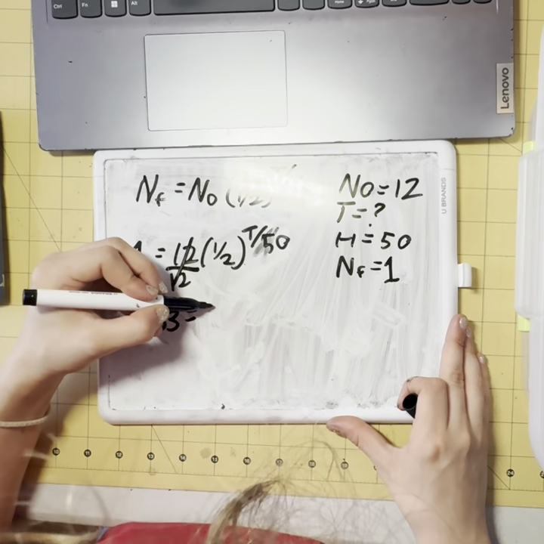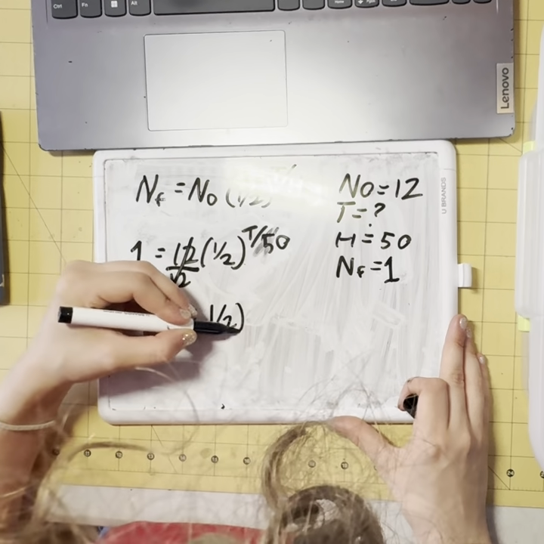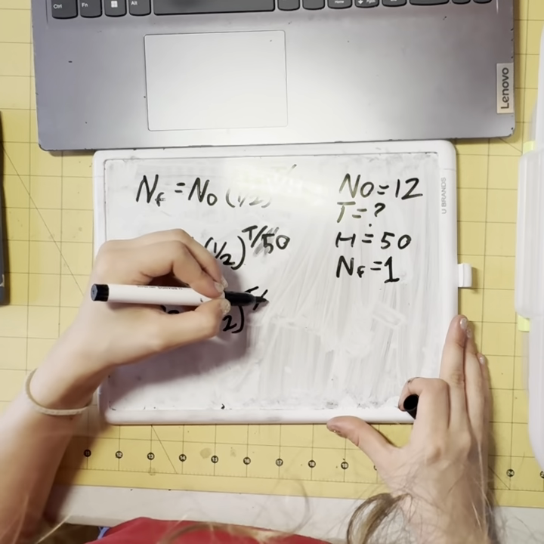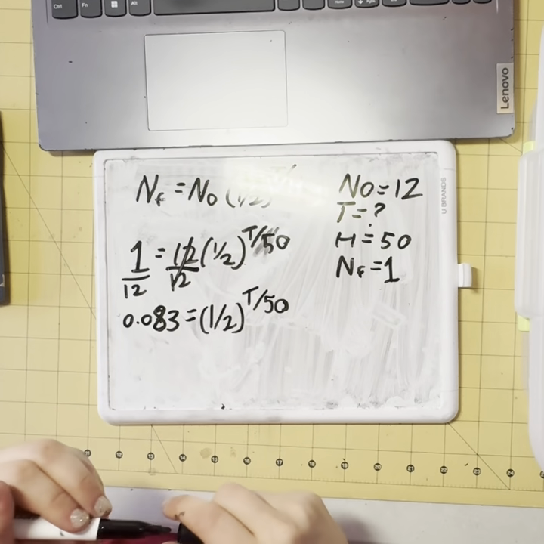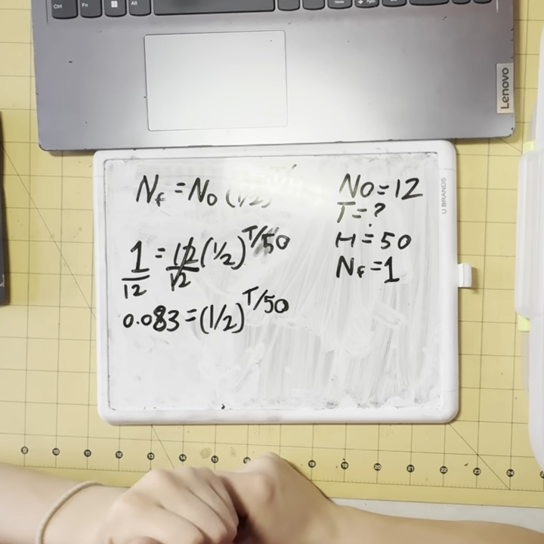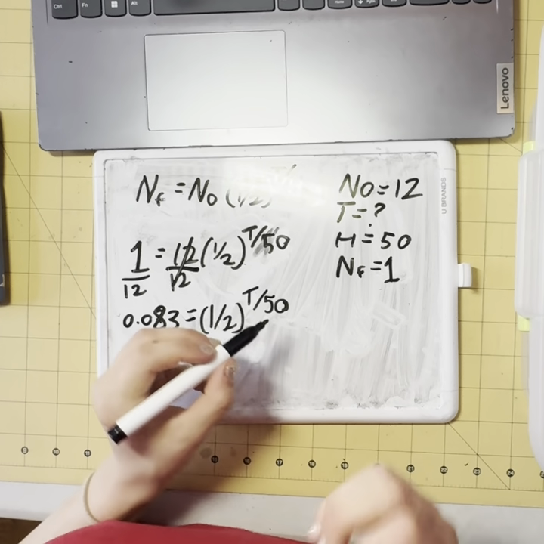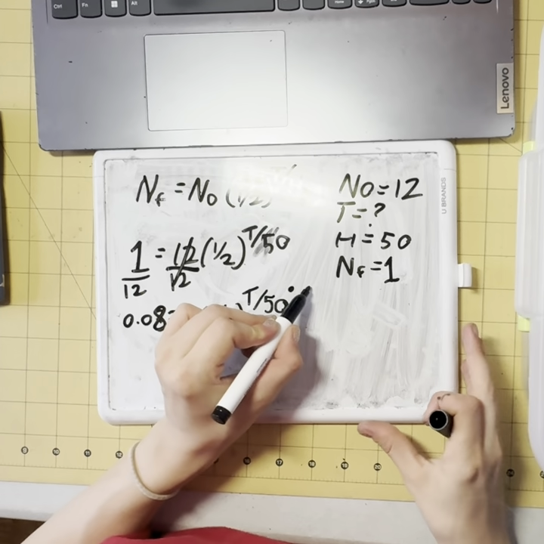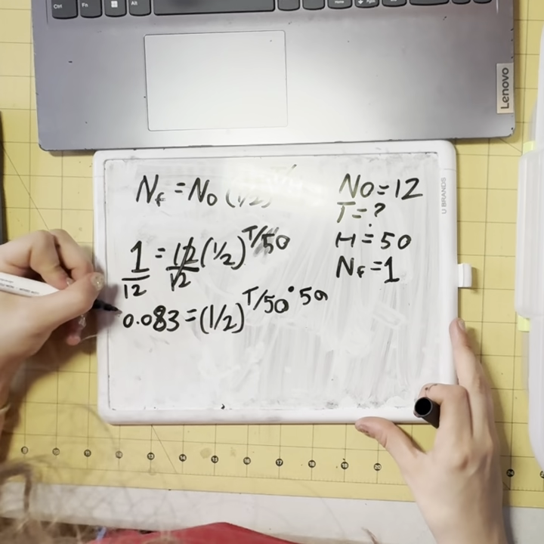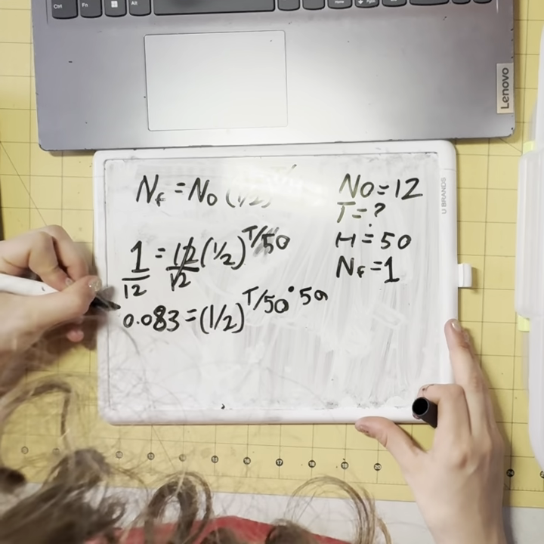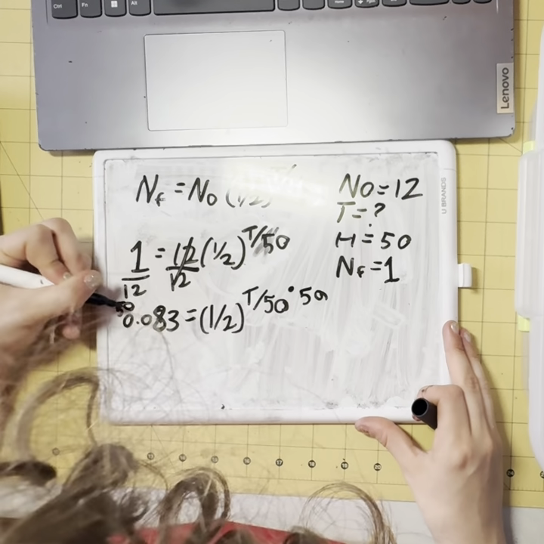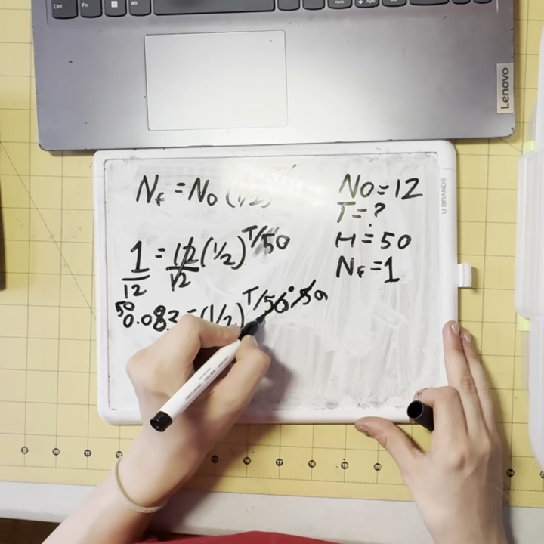Is equal to 1/2 to the power of T divided by 50. So there's a couple ways we can do this. Personally, I would want to raise both sides to the power of 50. So if I raise this to the power of 50 as well, these two are going to cancel each other out.